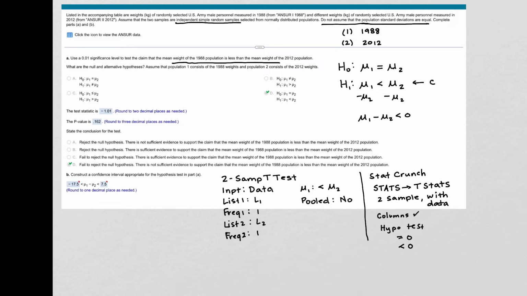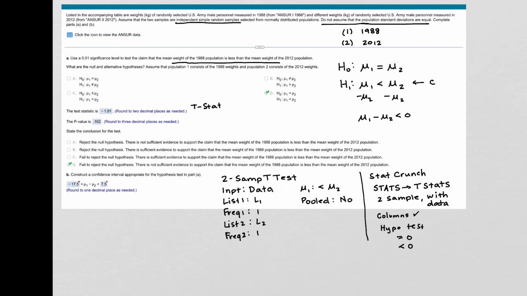And so I get my test statistic, which is negative 1.01. That's your t-stat. And then the p-value is 0.1615, and that rounds to 0.162.